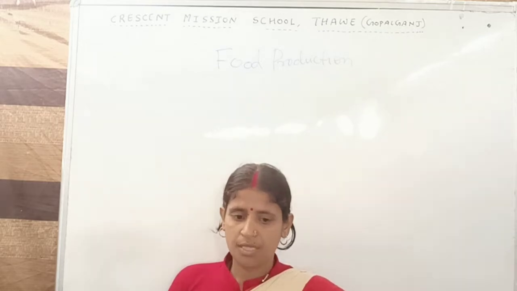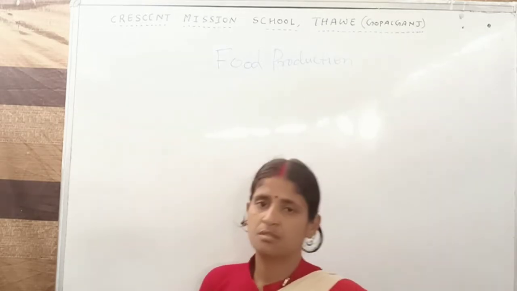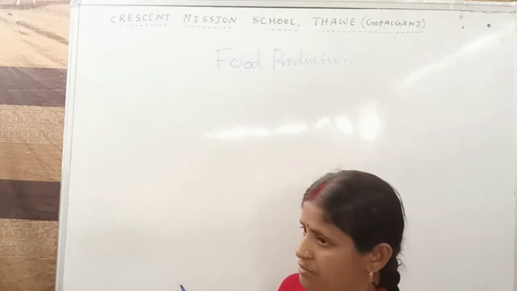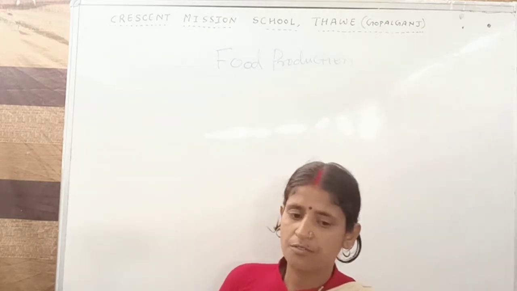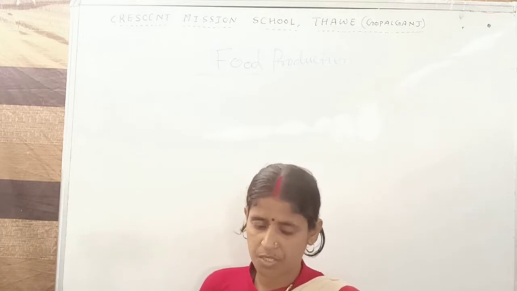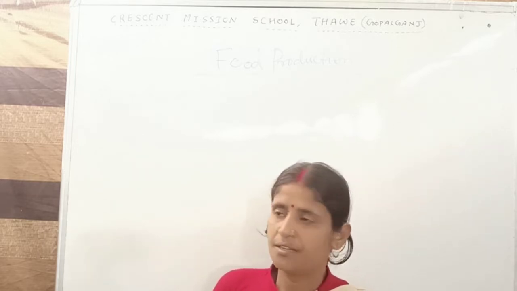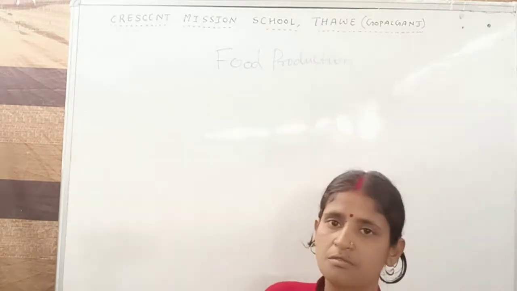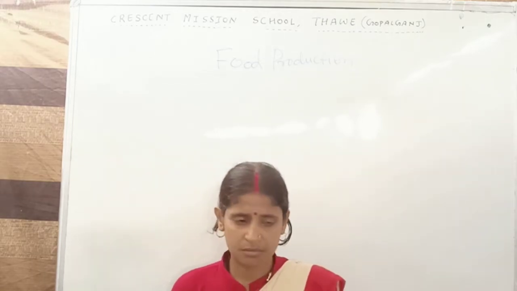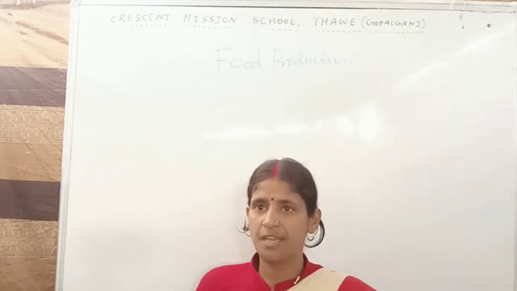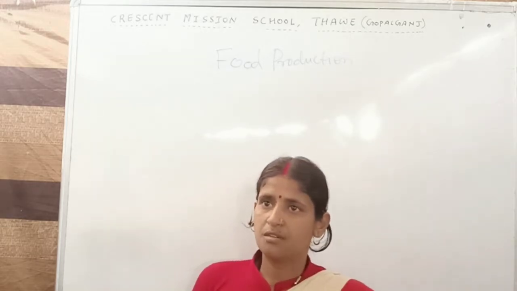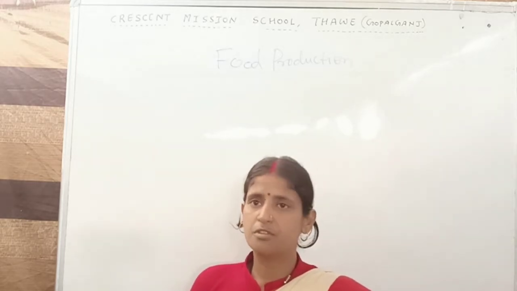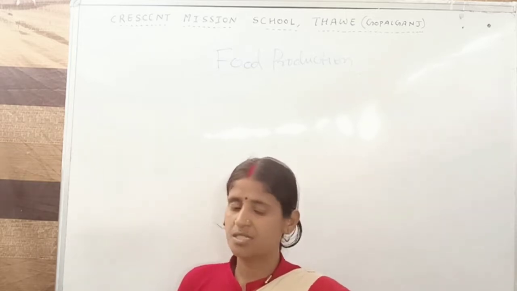The practice of growing crops is called food production. Some foodstuffs we get from animals, so the rearing of animals on a large scale is called animal husbandry. It means we get our food from both plants and animals.